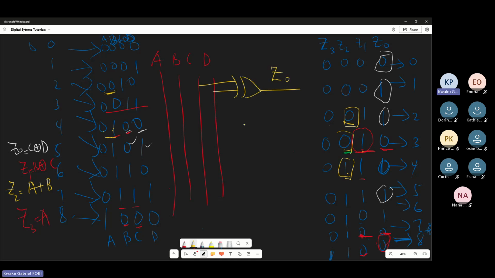Now say there's Z0. If I want to implement Z1, it's B XOR C. So I'll do this XOR C, this Z1. If I want to implement Z2, it's A OR B. So A OR B is this, Z2. And then Z3 is just A.